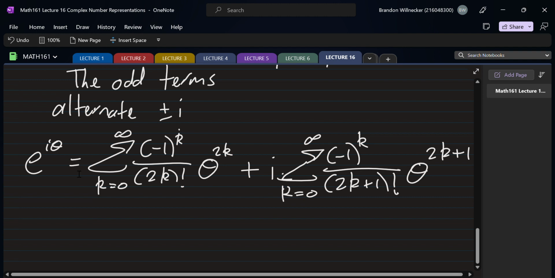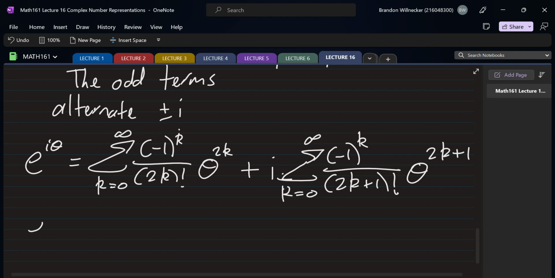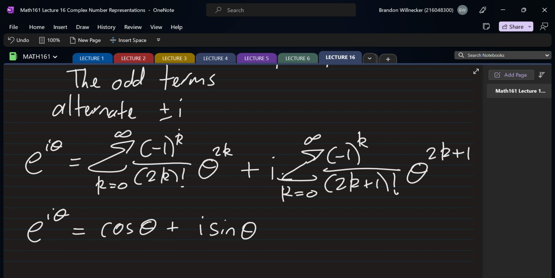Now, if we look at the first term, we've seen that before. That's the Taylor series for cos. And the second term, that's the Taylor series for sine, multiplied by i. So e to the i theta is equal to cos theta plus i sine theta. Okay, and we call this Euler's formula.